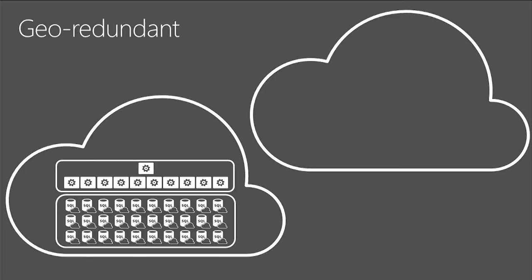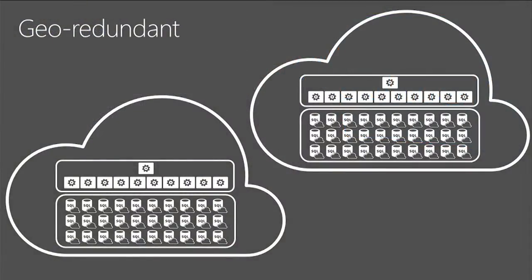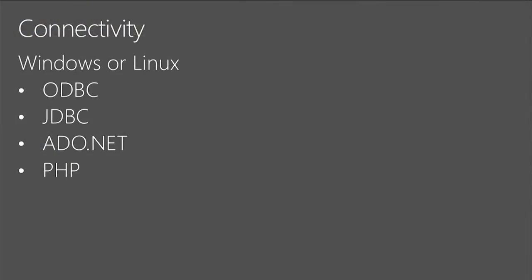With Azure SQL Data Warehouse, we have the ability to use geo-redundancy to maintain an even higher level of availability to maintain our RPO statistics. You can see here that I have just taken a geo-redundant snapshot of our storage and I host that in another region's data center, so that if anything were to happen to the source region, we are able to reapply the compute and continue our business as usual.